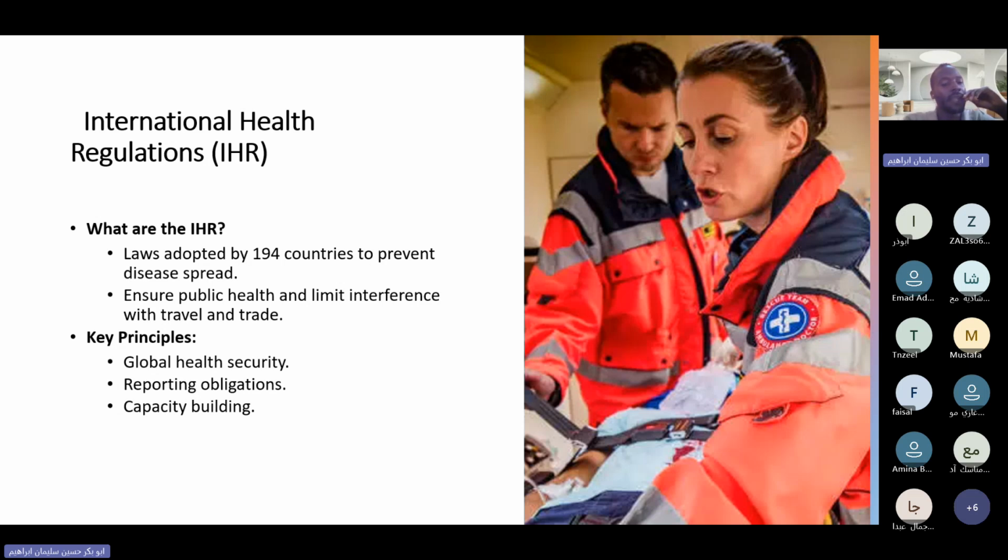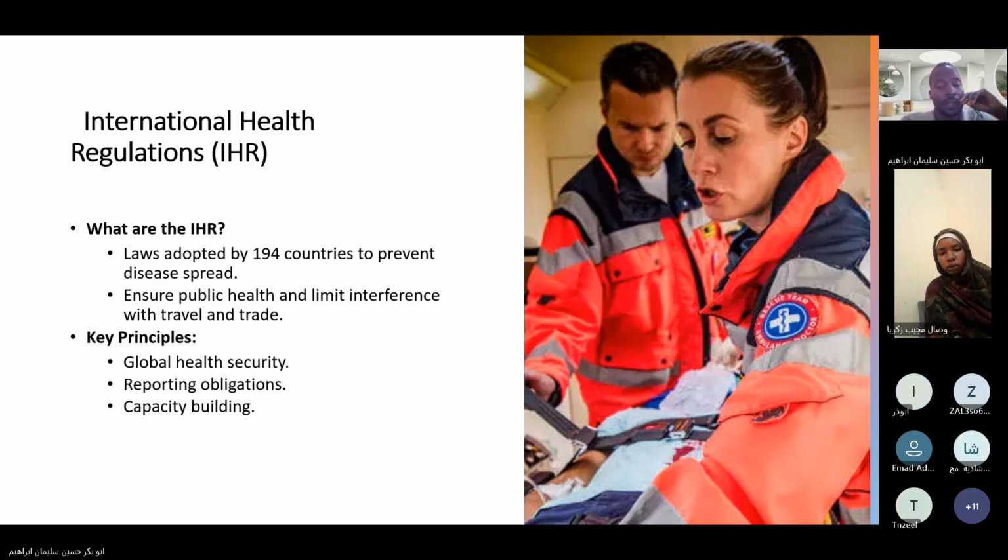With this, they can make a plan and control the disease. This is an obligation for the country to make a notification of the health problem.